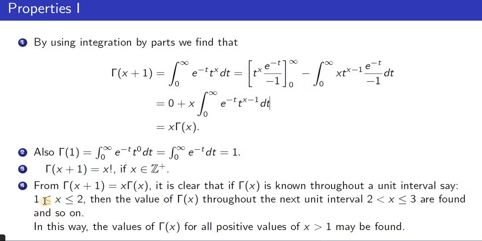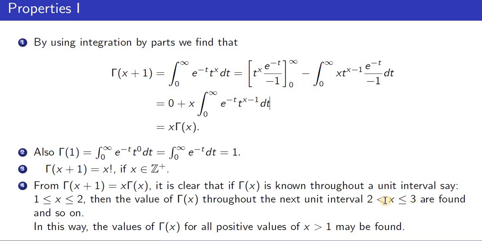Similarly, gamma of 3.1 can be easily written if you know the value of gamma 2.1.